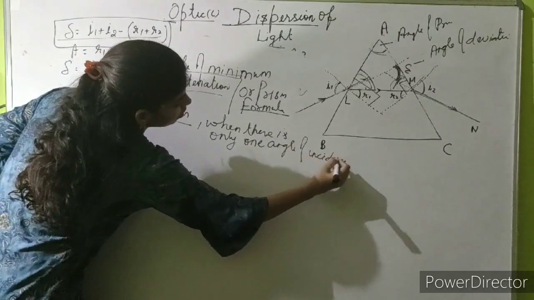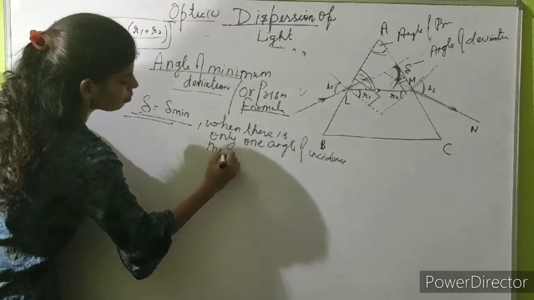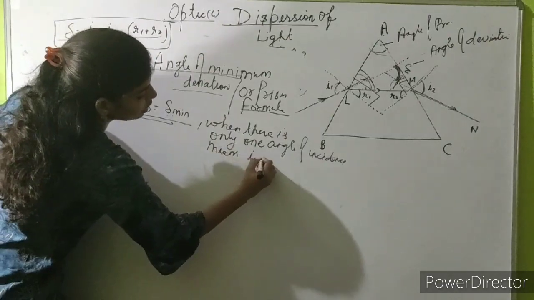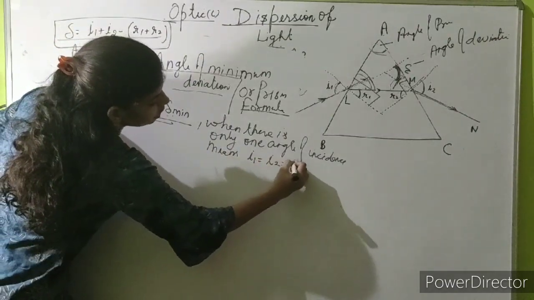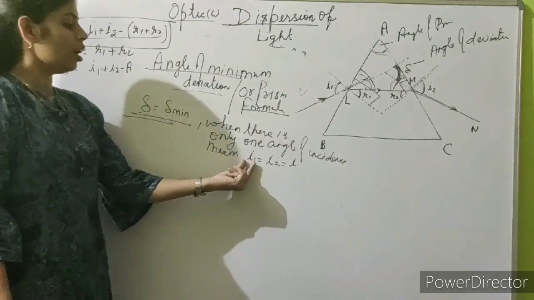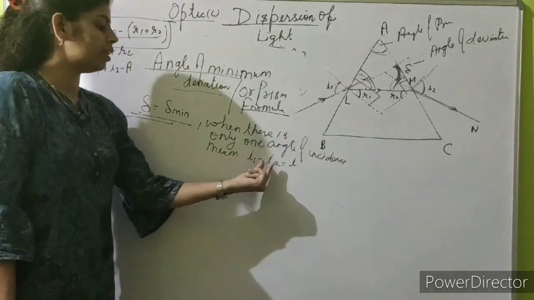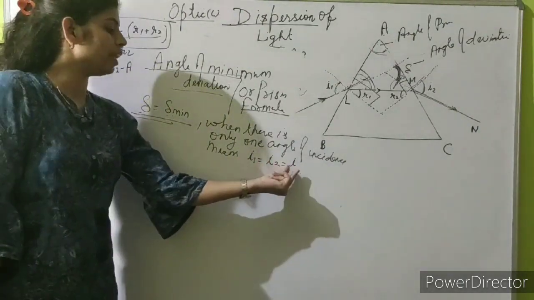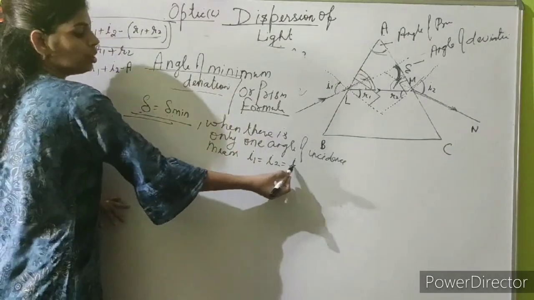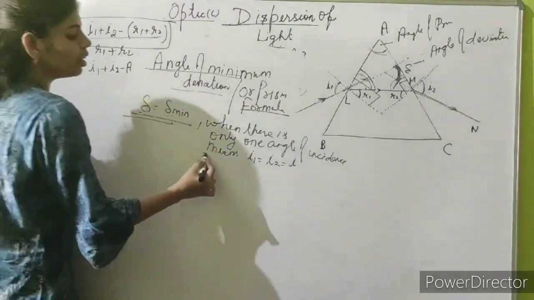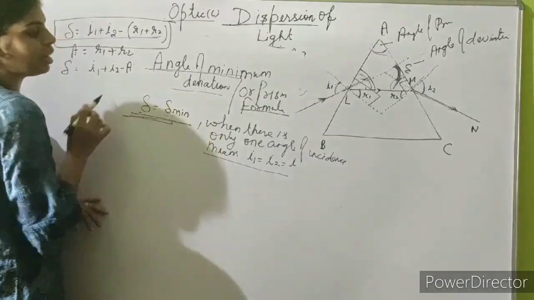One angle of incidence means I1 is equal to I2 is equal to I. That means angle of incidence I1 and I2 both are equal, and we can say that I1 equal to I2 is equal to I. So this is the condition for the minimum deviation.